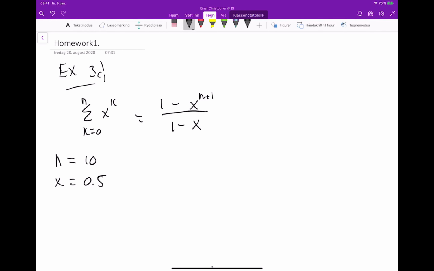So this gives us that we are going to compute the sum k equals 0 to n equal 10 of 0.5 to the power k, and that should then be equal to 1 minus 0.5 to the power of 10 plus 1, divided by 1 minus 0.5. Okay.